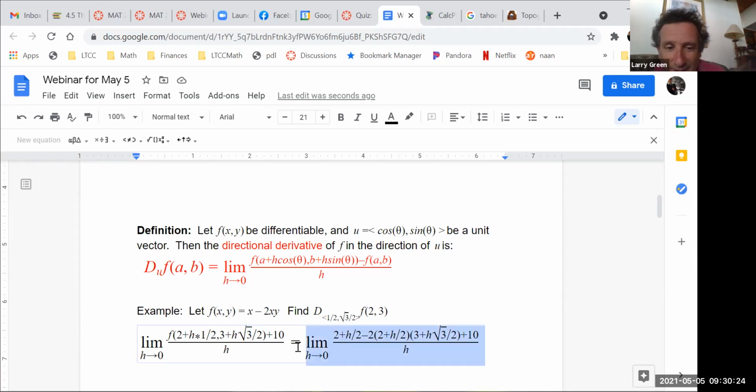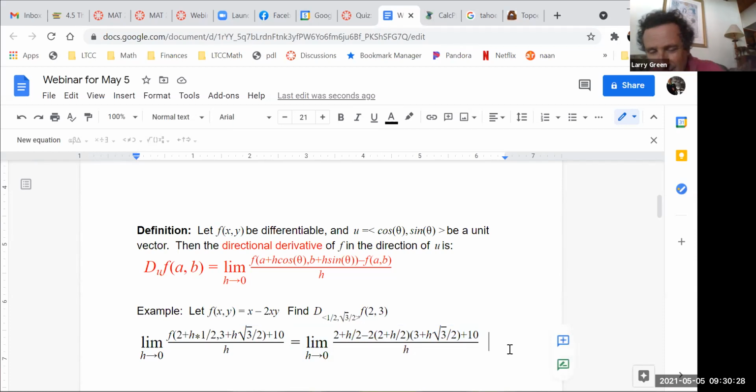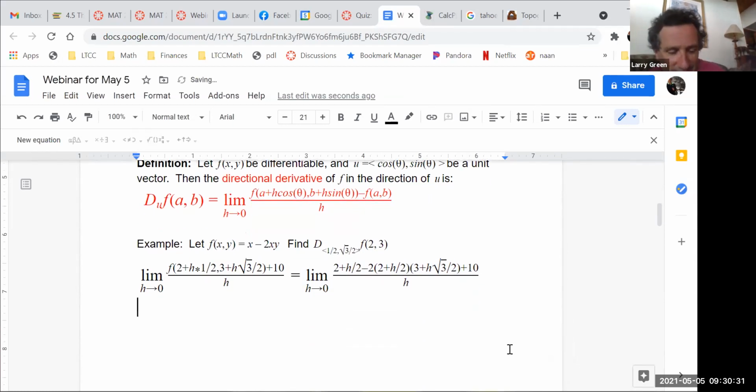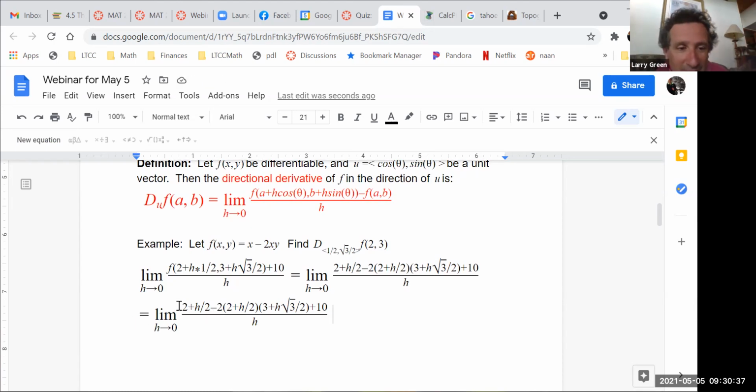Hint: it's easy and hard. Yeah, we just simplify. So I'm just going to look at the constant term. Notice you get 2 minus 12 plus 10. So the constant goes away.